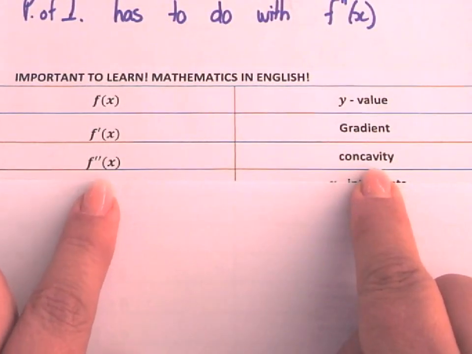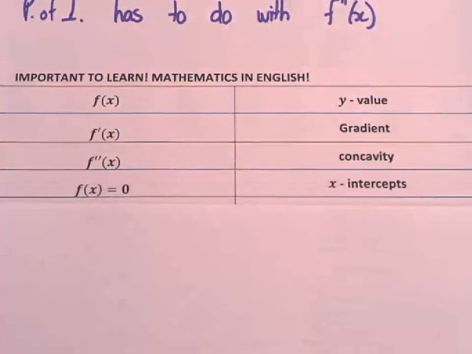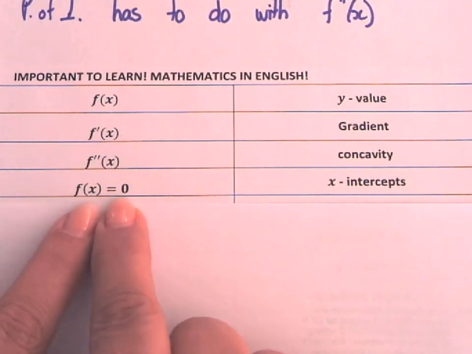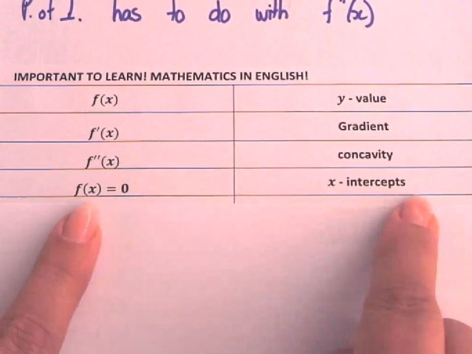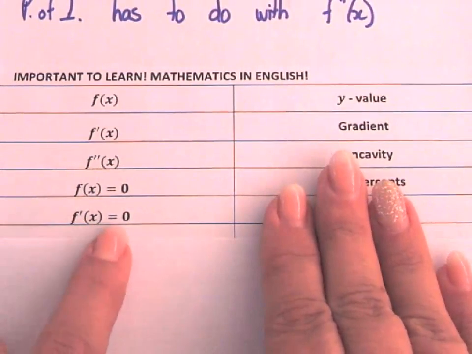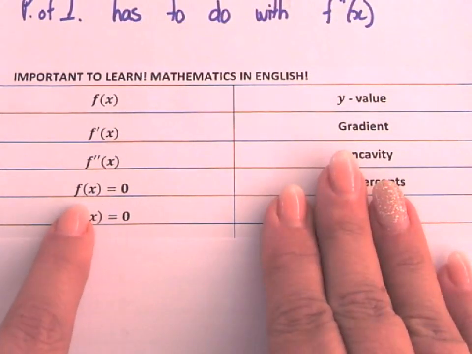Okay. What happens if I set these equal to 0? If the y value of a function is 0, it actually refers to the x-intercepts. Does that make sense? Okay. If I tell you the first derivative is 0, this first derivative is the gradient.